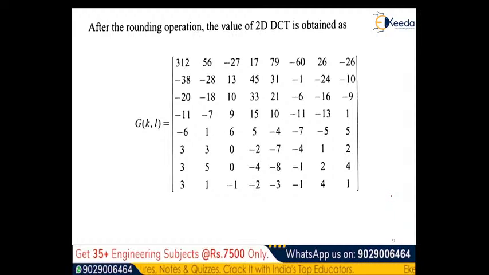So now after this rounding up of the discrete cosine transform coefficients, we have to go for the next step. The next step is the quantization of the DCT matrix we can see here. So we perform quantization of the DCT matrix. Now recall the problem statement.